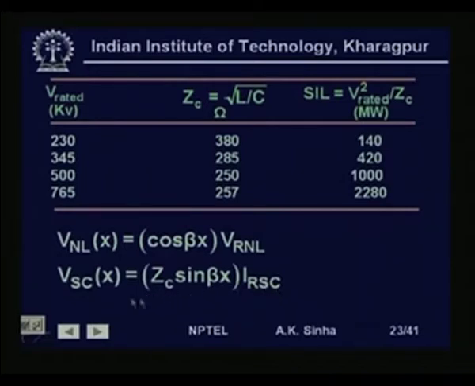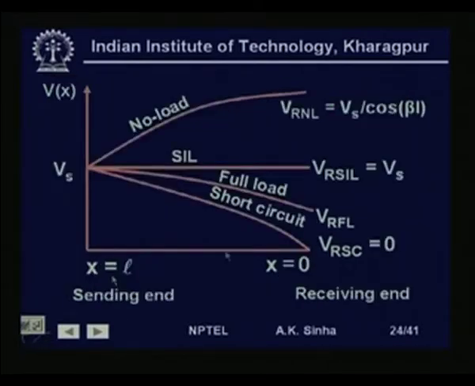So, in this case again the voltage that we get will follow this profile, coming down to 0 at the receiving end where the short circuit has occurred, and it will be V s at the sending end.